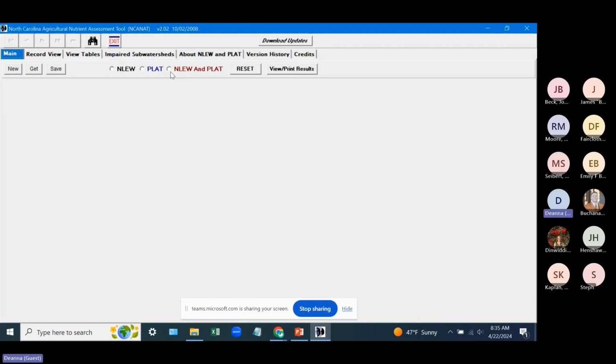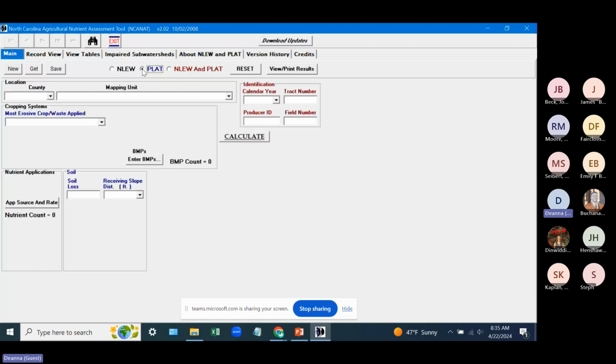So let me talk about PLAT a little bit. I would say that our phosphorus assessment is one of the top 3 phosphorus assessments in the country. We did a really smart thing by making it numeric. Behind the scenes, it calculates pounds of phosphorus per acre, which you guys have access to through passwords.